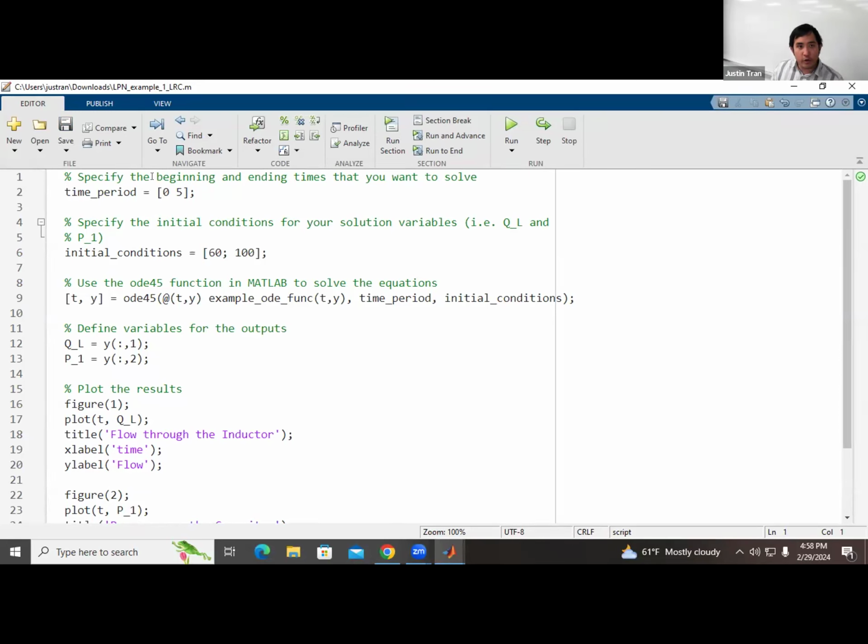The first line of code specifies the beginning and ending times that we want to solve for. We're defining a vector called time period, which tells us that we're going to solve this system for 5 seconds.